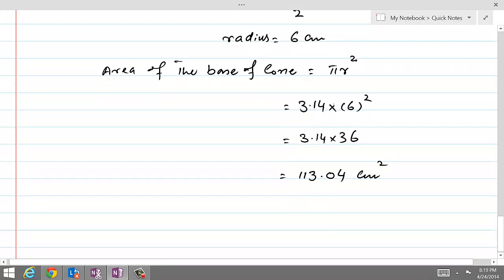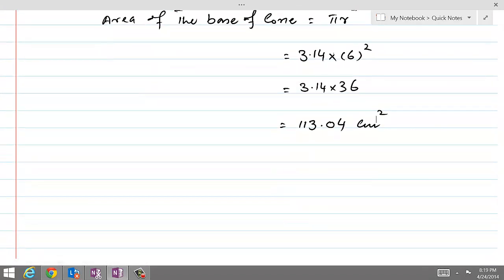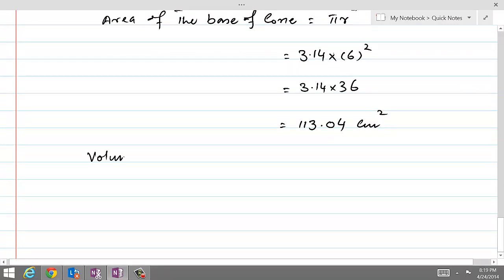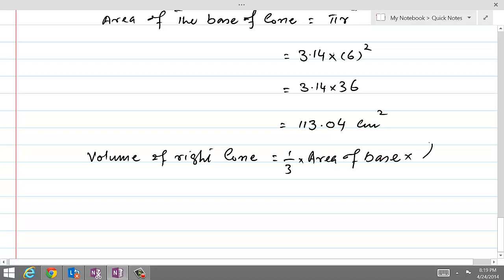Now we can find the volume of the right cone. Volume of right cone would be equal to 1 by 3 times area of base times height.